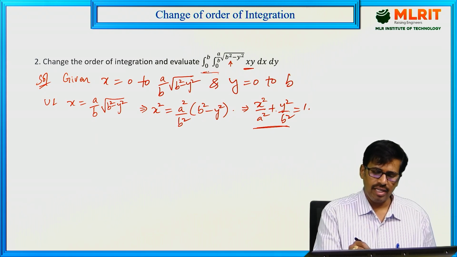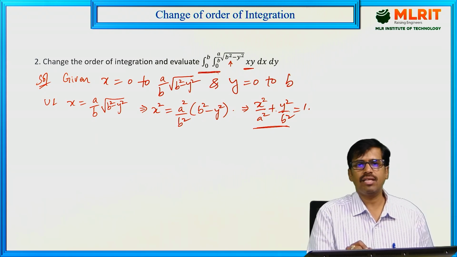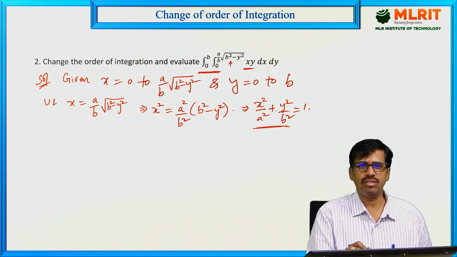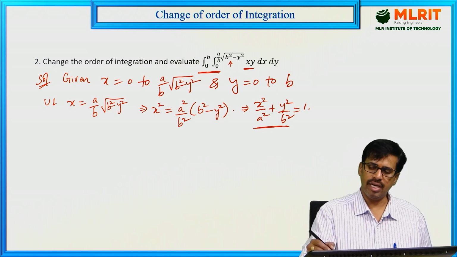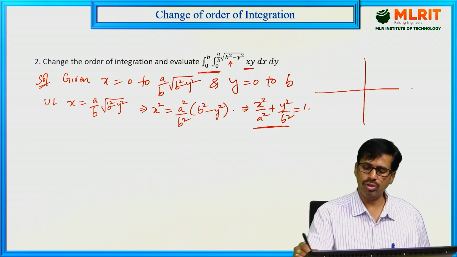We can clearly see that both the x limits and y limits have lower limit 0. That means the region of integration is in the positive quadrant.